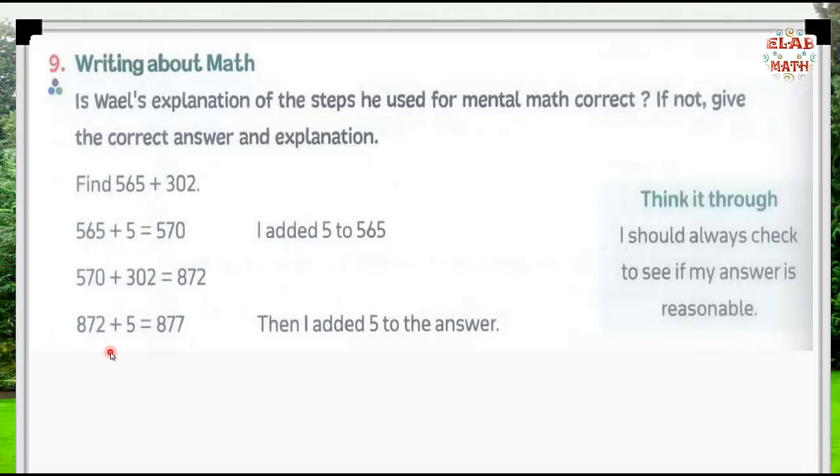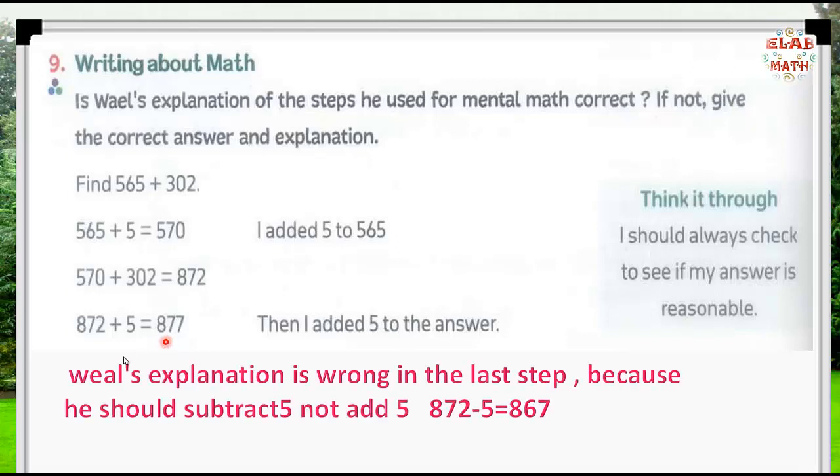But here he is not right, because he added 5 and he should subtract 5, not add. So we can say Wael's explanation is wrong in the last step because he should subtract 5, not add 5, to be 872 minus 5 equals 867.